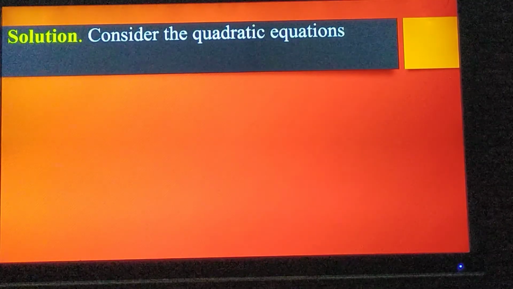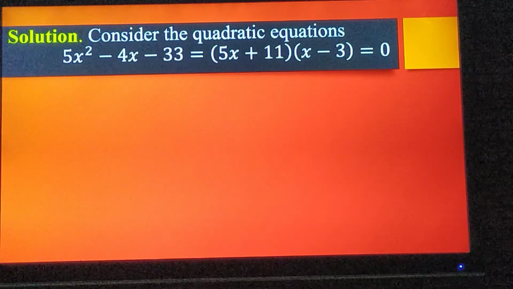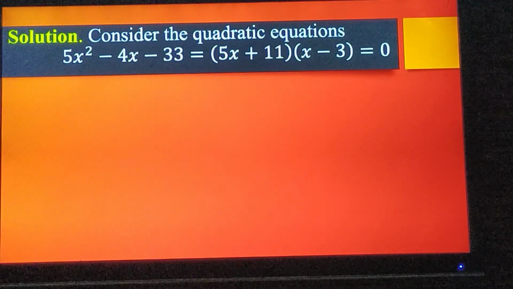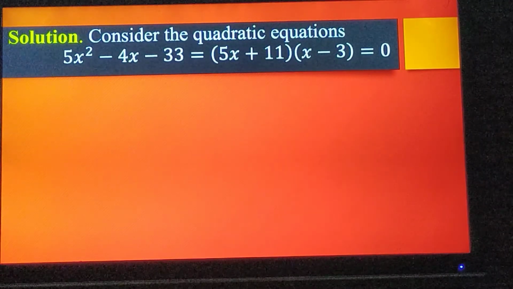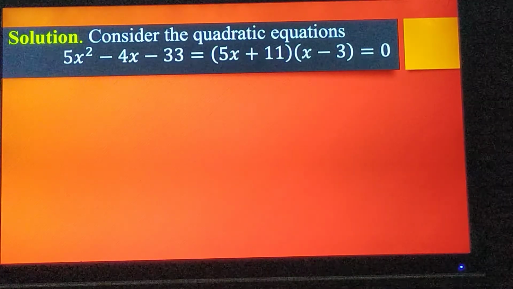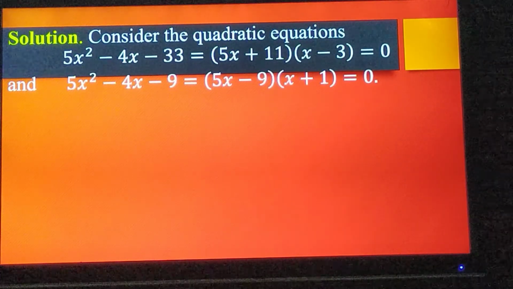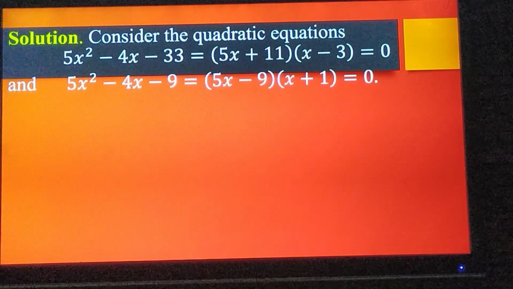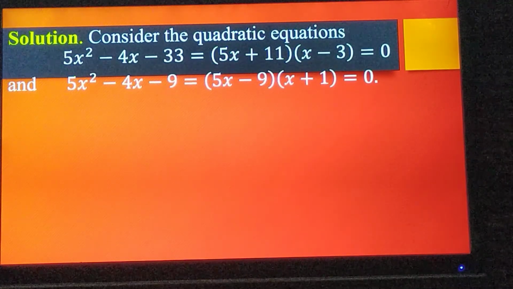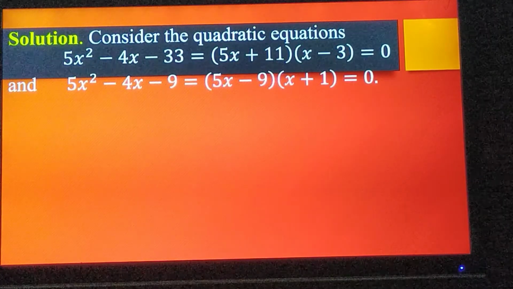Consider the quadratic equations 5x squared minus 4x minus 33, which is the product of 5x plus 11 and x minus 3, equals 0, and 5x squared minus 4x minus 9, which equals 5x minus 9 times x plus 1, which is also 0.